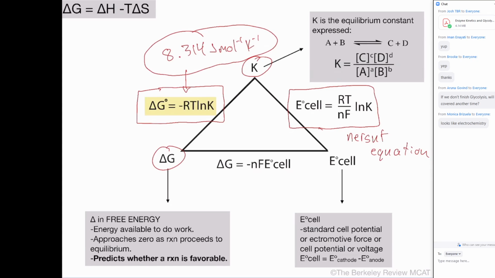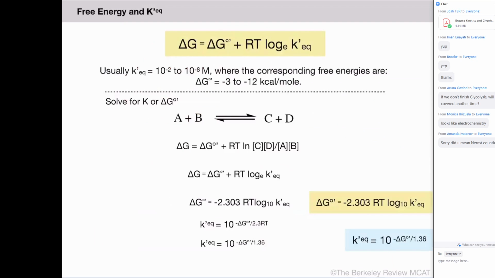So again, we're going to be focusing on how delta G relates to equilibrium, and equilibrium can be represented by products over reactants, as you see here. From the Gibbs equation, we get the free energy and equilibrium equation: delta G equals delta G naught prime, under standard biological conditions, plus RT log of the KEQ, the equilibrium constant.